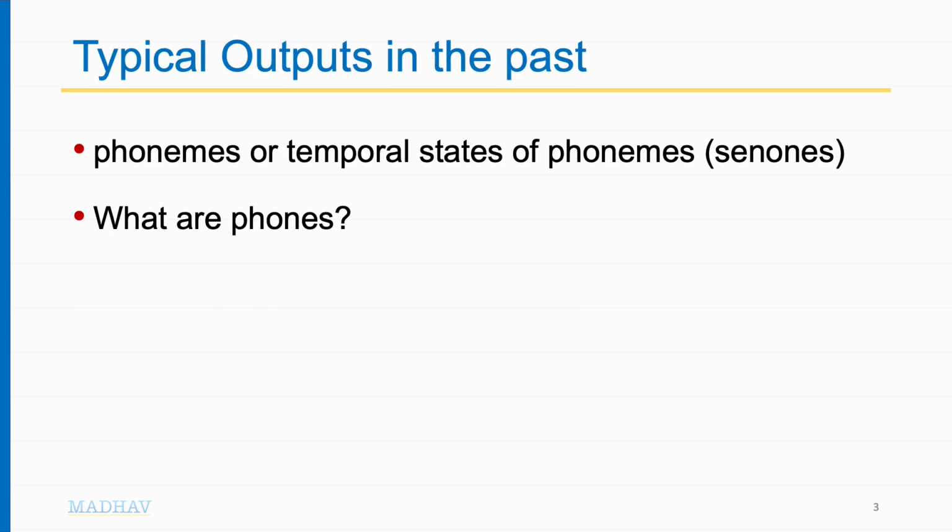So I'll start from the very old paradigm, which is a very intelligent paradigm because it was linguistically motivated. When the initial ASR started, around the year 2012, when deep learning became very popular, when all these companies like Google, Amazon, Apple were making their ASR models, what they were using as output is something called phonemes or phones.